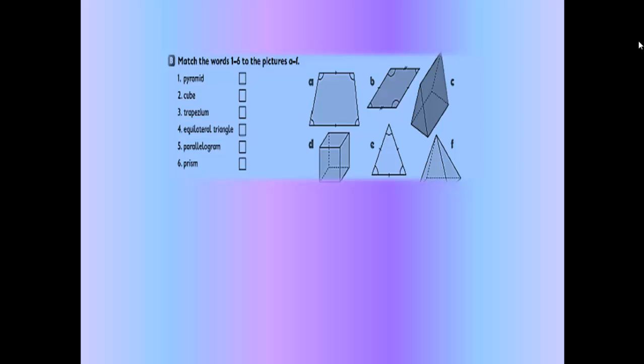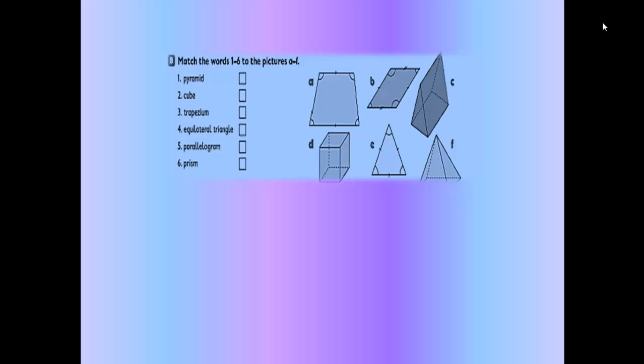So if we look for it, we can see it in number F. So number F is the pyramid. Cube. Where is the cube? Also here the cube is a 3D shape, so we can match the cube with number D.